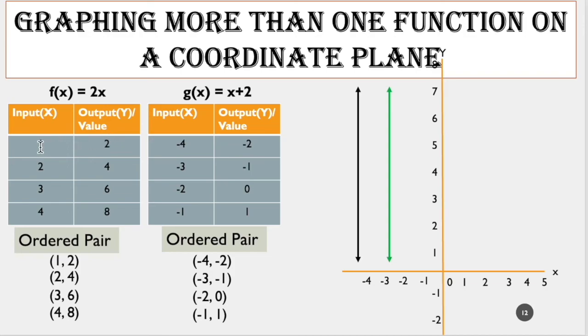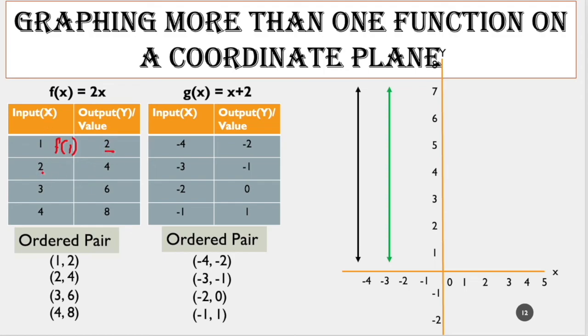So if you input 1 for the x, the value of our function is going to be f of 1. That means wherever you see x, you plug in 1. So what would be the output value? It would be f of 1 equals 2 times 1, which is 2 right here.